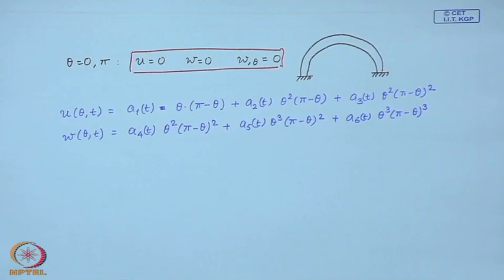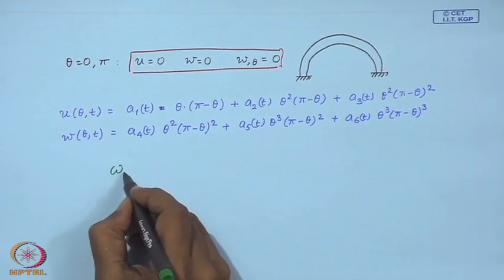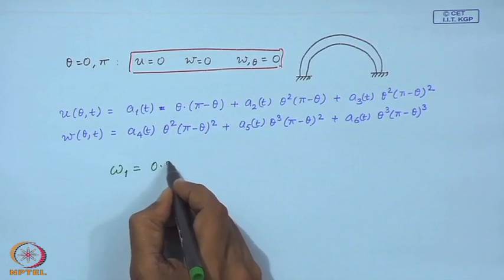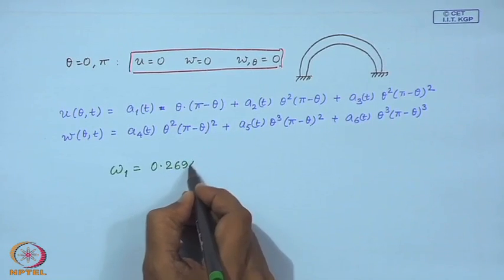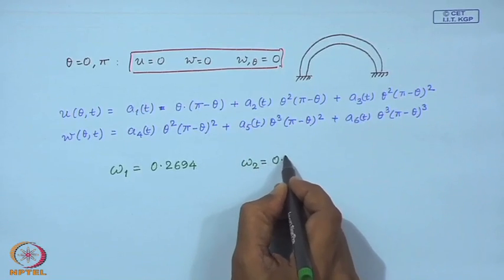So, if you once again substitute this in the expansion and calculate the discretized equation of motion and further calculate the eigen frequencies, they turn out to be.